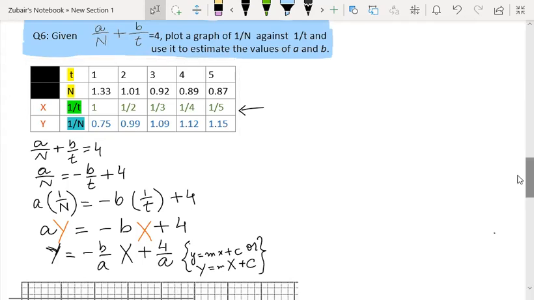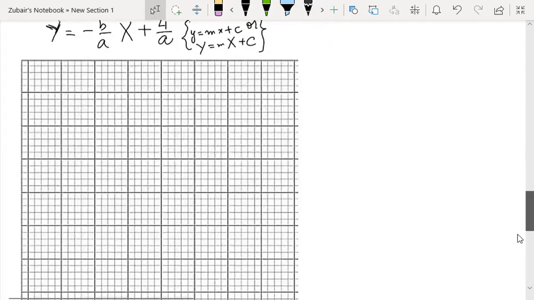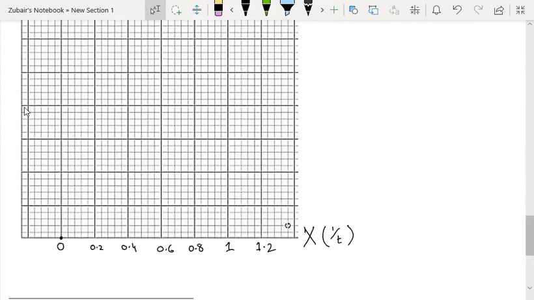So if we consider this one as 0.75, this is more clear.